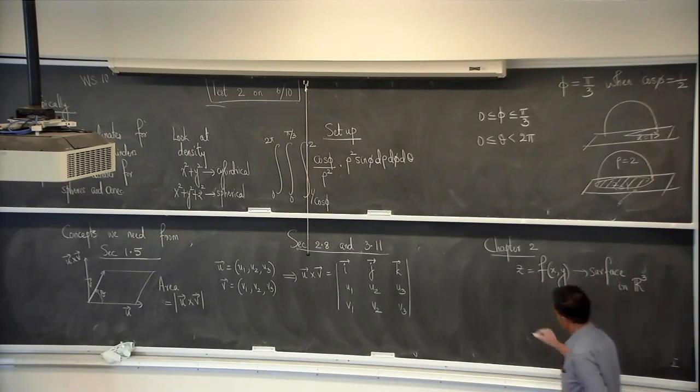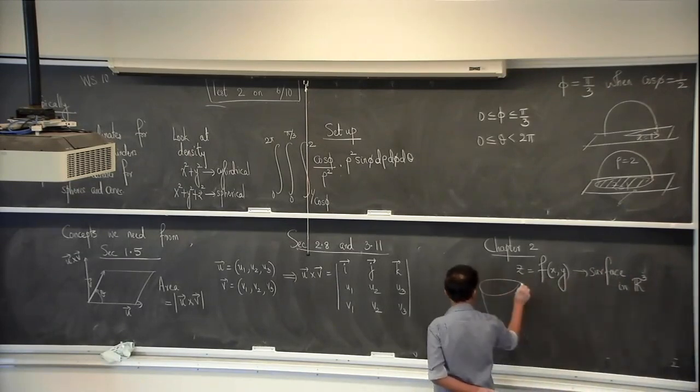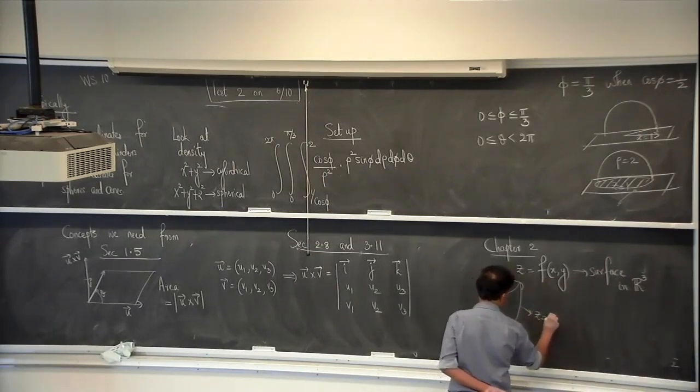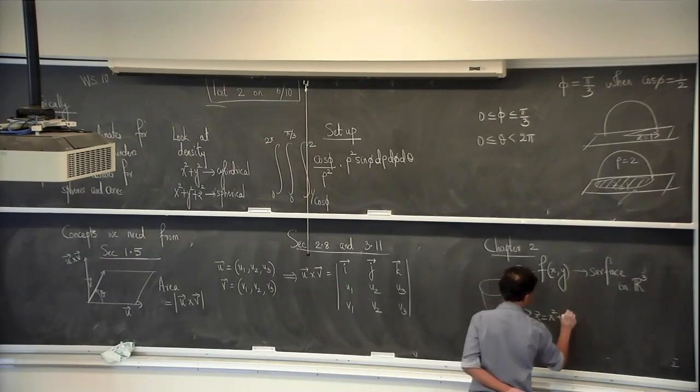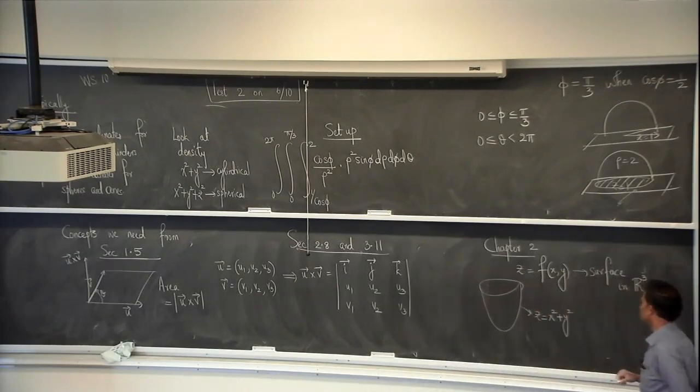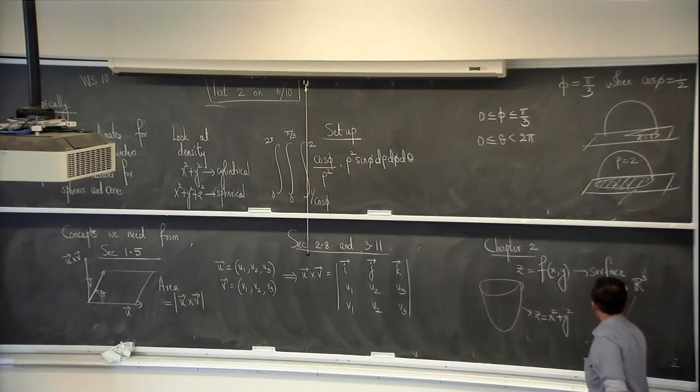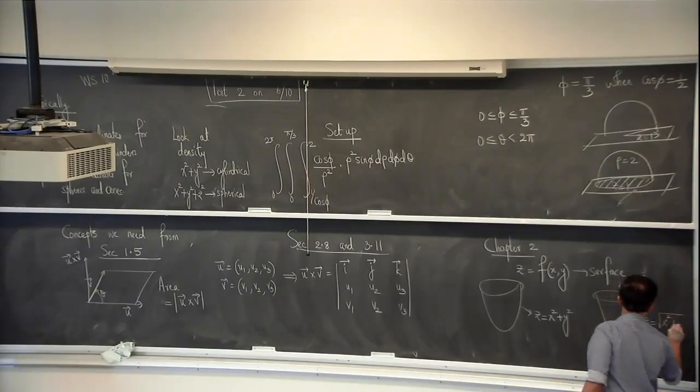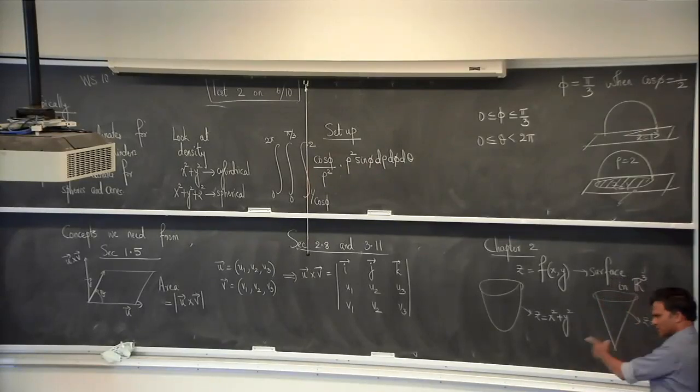So for example, this is a surface, okay, z equal to x square plus y square. Your surface of the sphere is another surface, okay, not the inside of the sphere, the surface of the sphere. Or a cone is another surface. The cylinder is also another surface, which is probably more familiar to you.